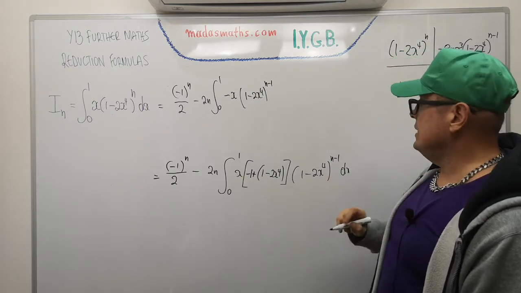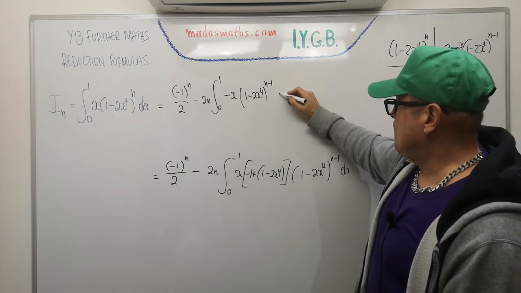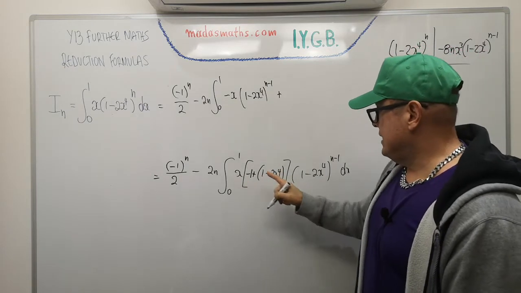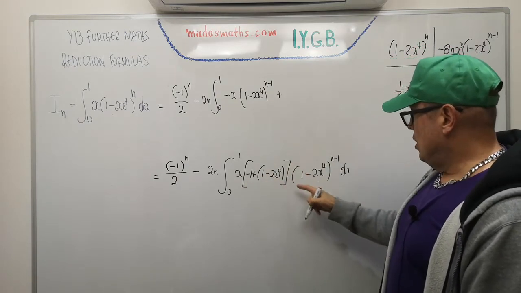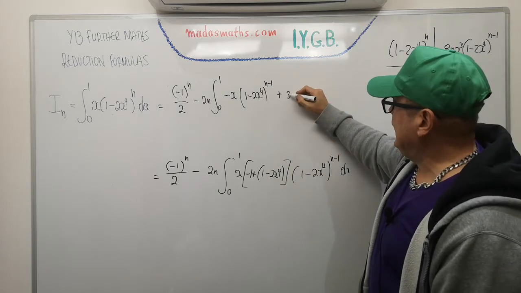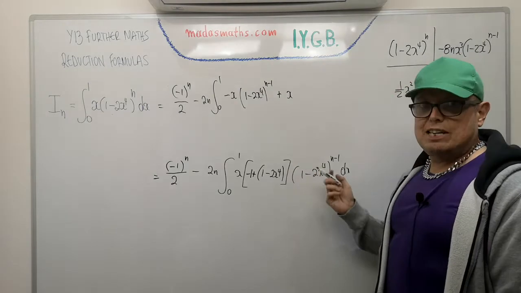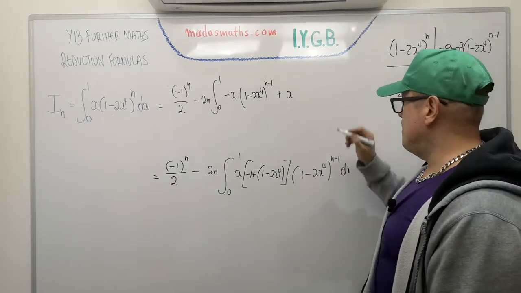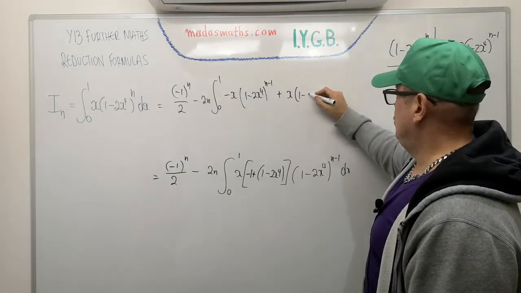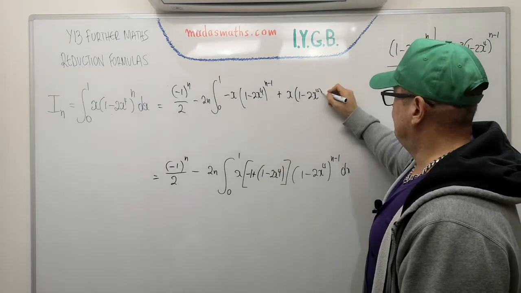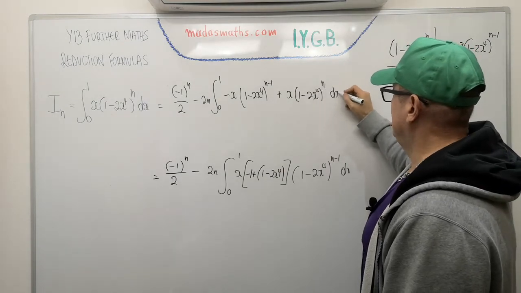That times that times that. And then I also have a plus x times this bracket times this term. So x, but when I multiply these two items together, it's of course the same bracket, so it's going to raise my bracket back up to the power of n dx.